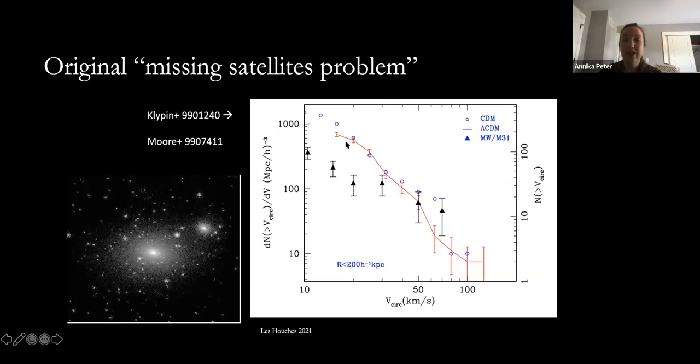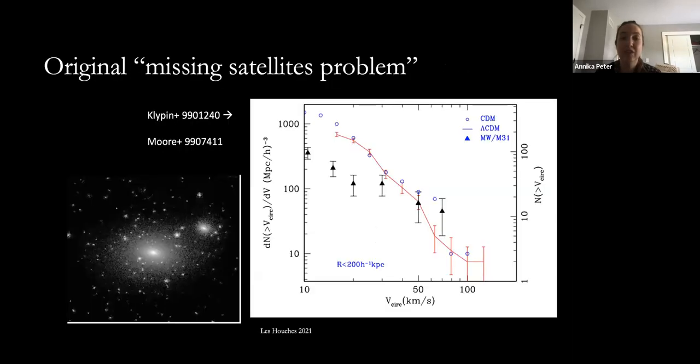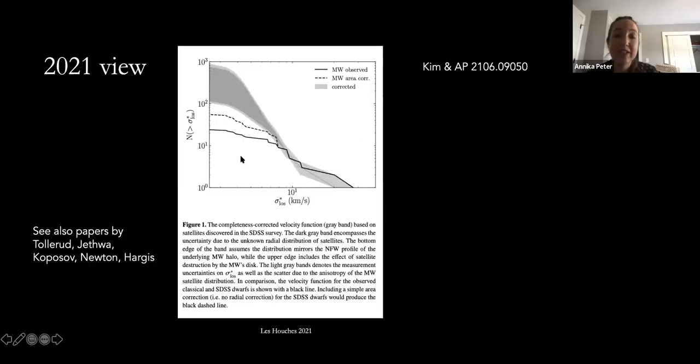So trying to figure out what is going on on small scales requires both an observational push and a theoretical push. And so a couple of things have happened since this missing satellites problem was formulated about 20 years ago. One is just that there are many more known satellites.